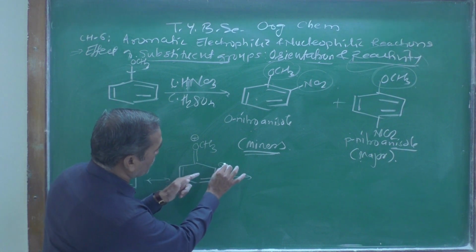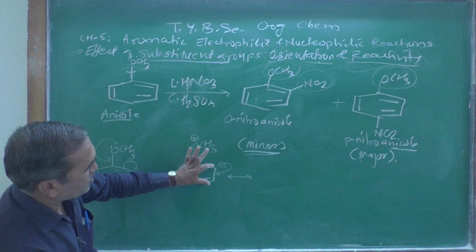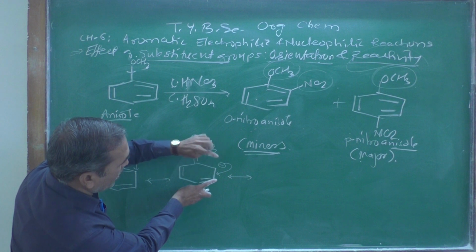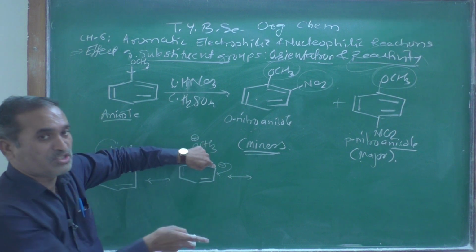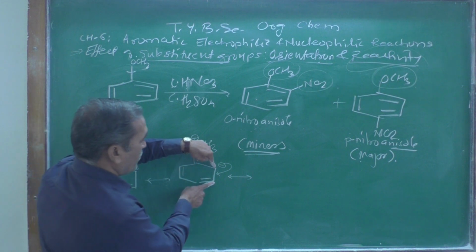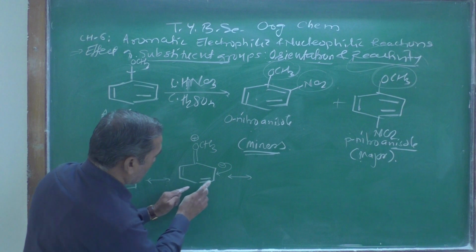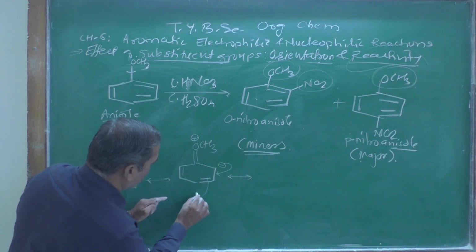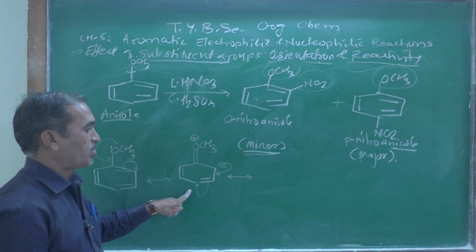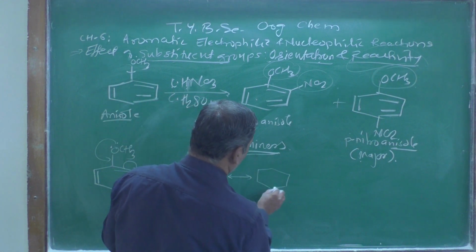Now this negative charge comes down, forming a double bond between these two carbon atoms. Look at these two corners, there is a carbon atom. Remember, now forming a double bond, and at the same time this double bond concentrates the electron density at this corner point, and you are going to get the next resonating structure.